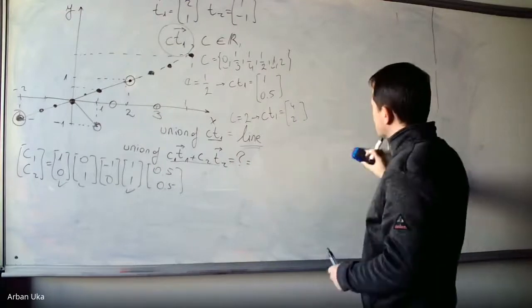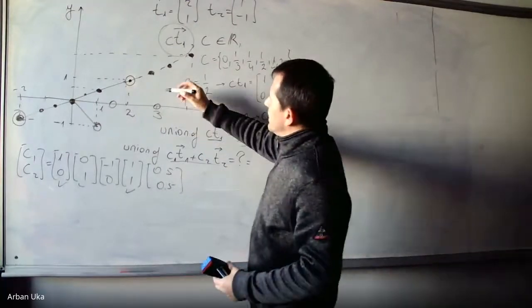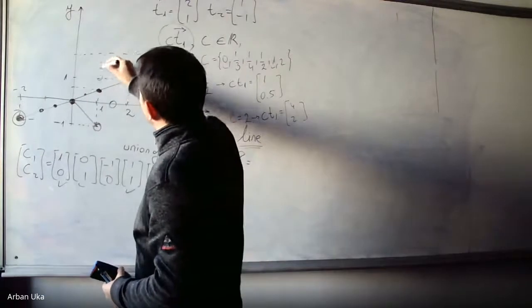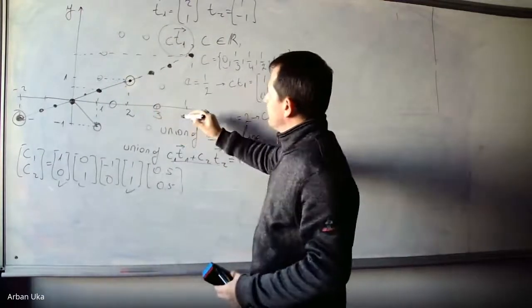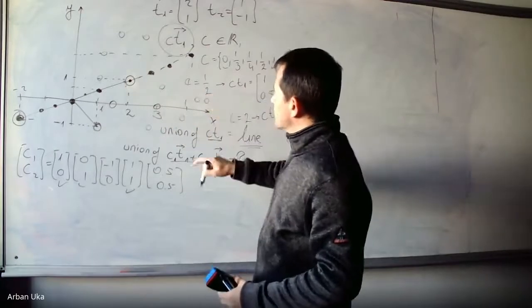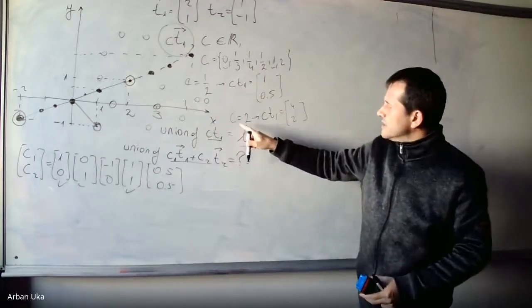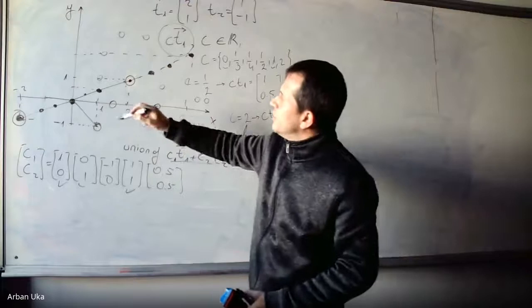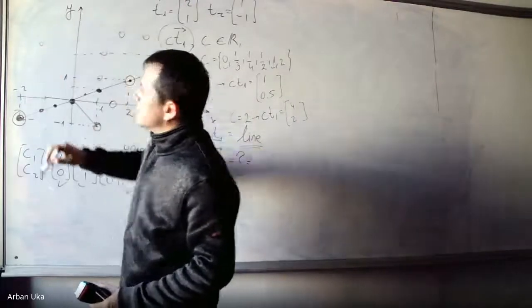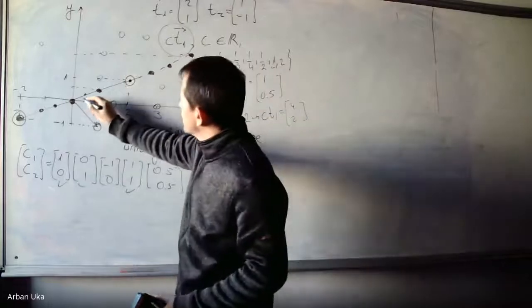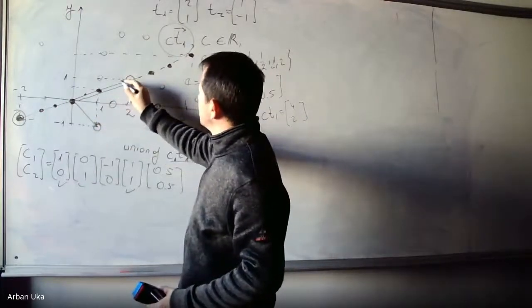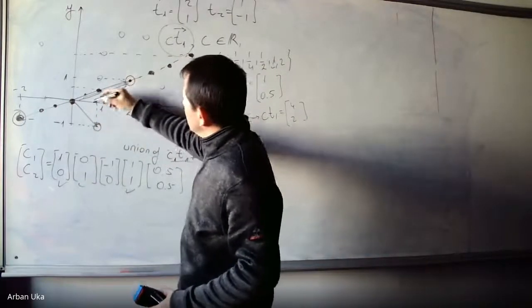Now, with combinations of these two vectors, I guess we can define any point across the board. If you try hard, you can always find C1 and C2 such that if you want to go to this point, you can combine these two given vectors which are shown on the board, which is this, but we draw this in double line, and this.